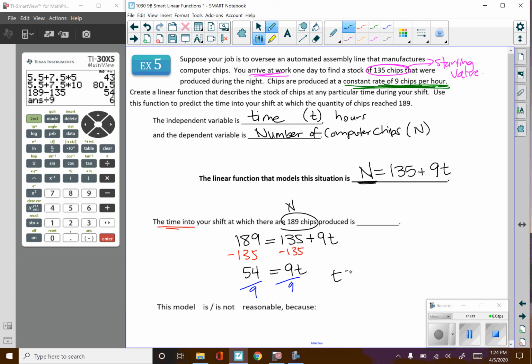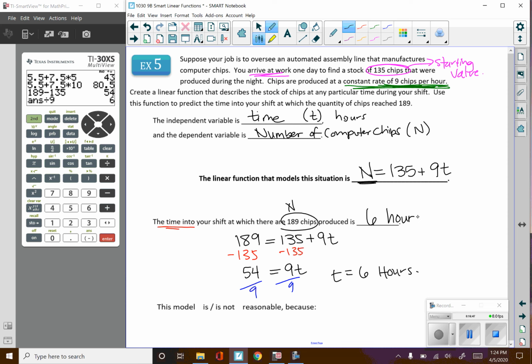That t is equal to 6 hours. So 6 hours into your shift, you have a pile, I don't know, you probably don't pile them up, but a stack of 189 computer chips.